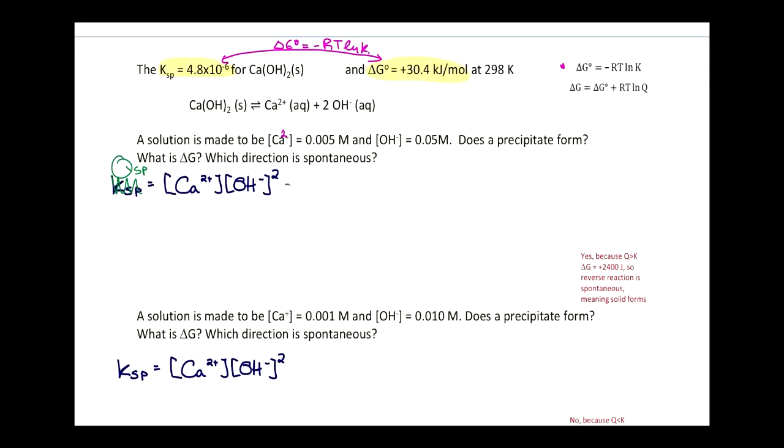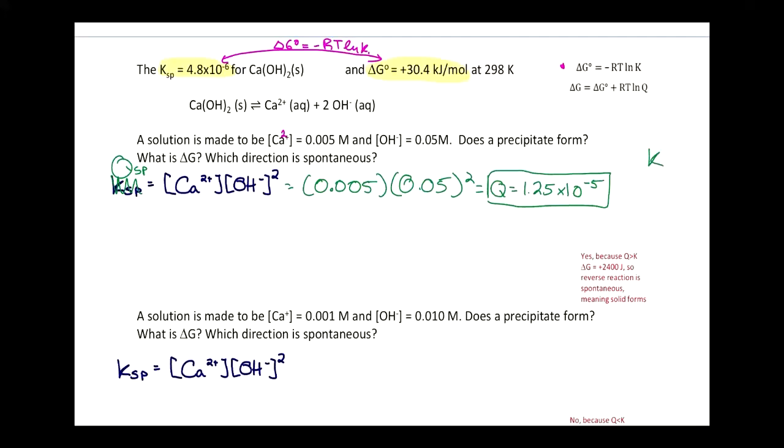So go ahead and place those concentrations in: 0.005 times hydroxide 0.05, but that is squared, remember that? So that number is squared. And so I get a Q of 1.25 times 10 to the negative 5. That is my Q. Compare that to K. KSP for this reaction is 4.8 times 10 to the negative 6.